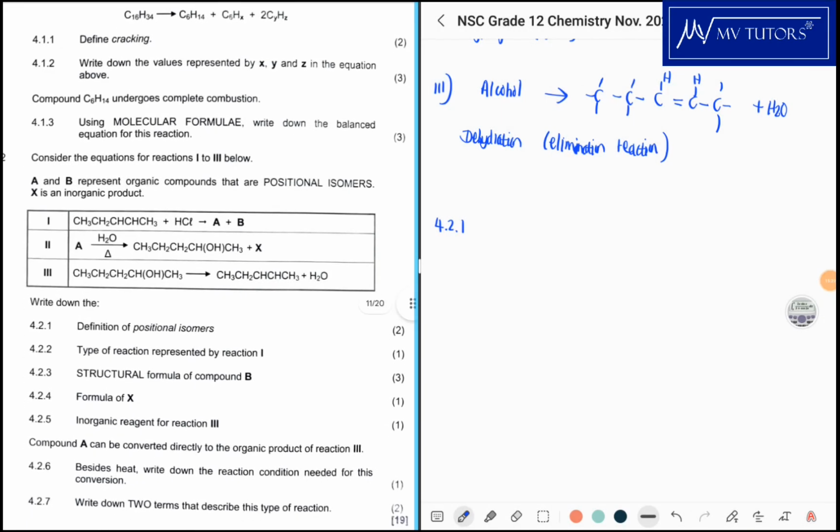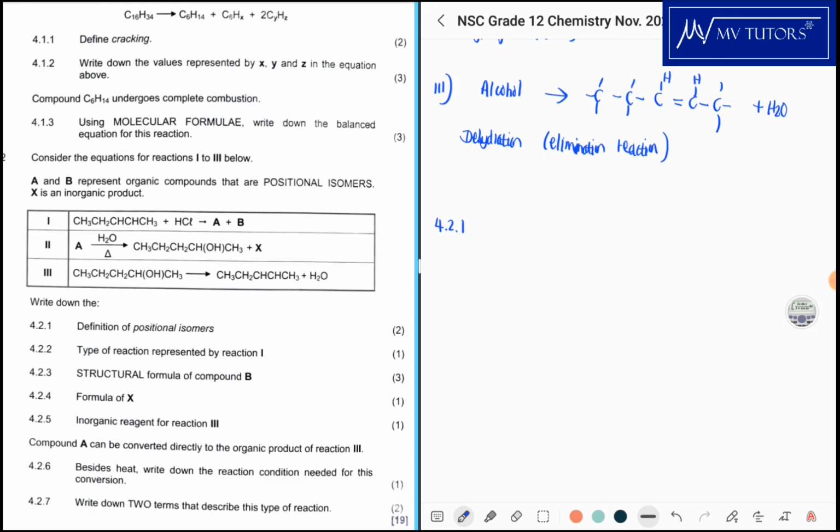All right, so write down the definition of positional isomers. Remember, an isomer by definition has the same molecular formula but a different structural formula. With positional isomers, you still have the same molecular formula but different positions of either side chains, substituents, or functional group in the parent chain.